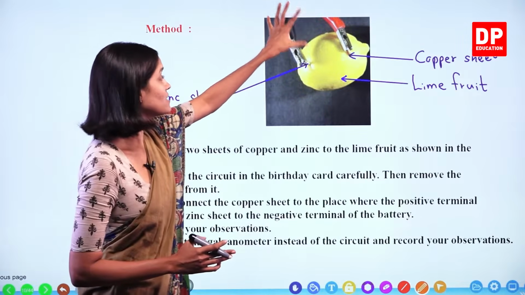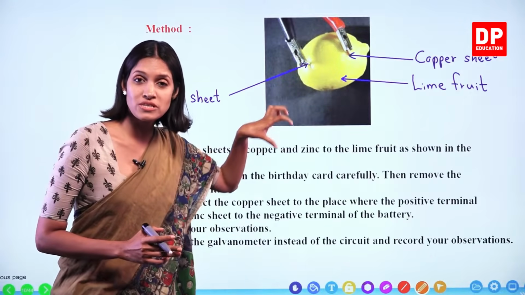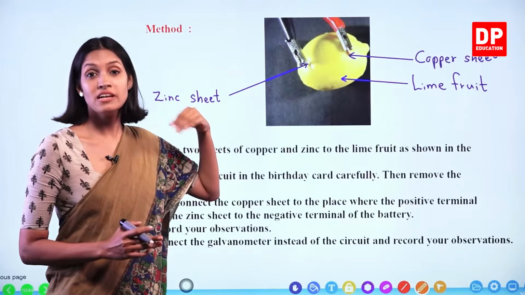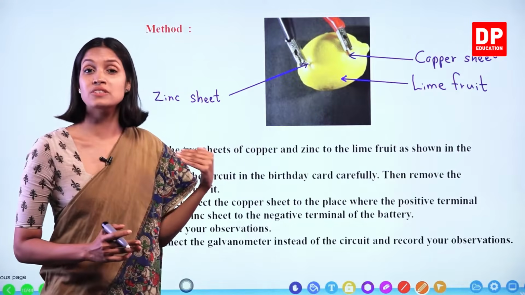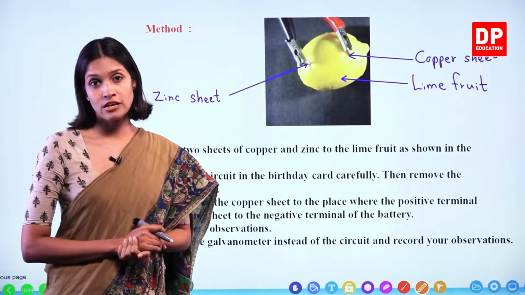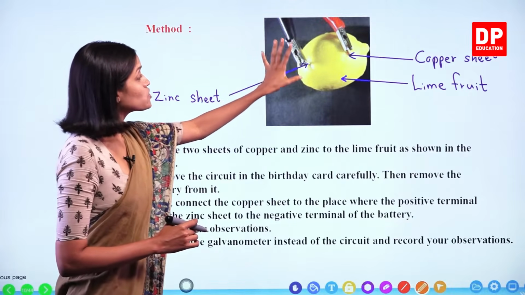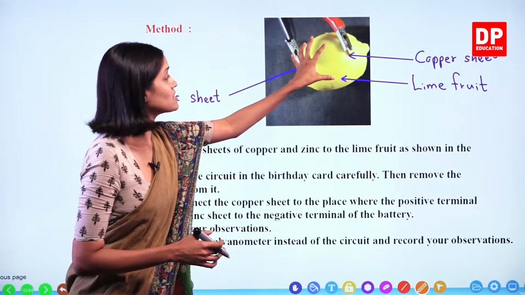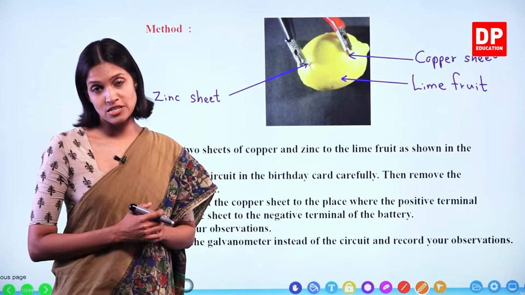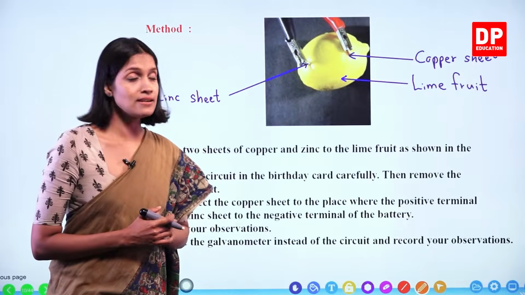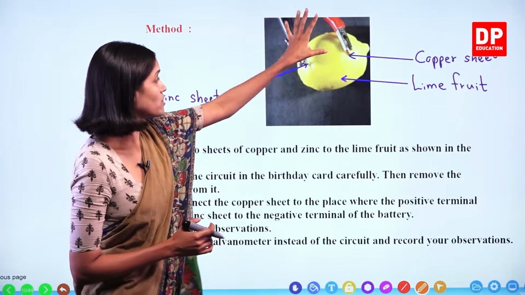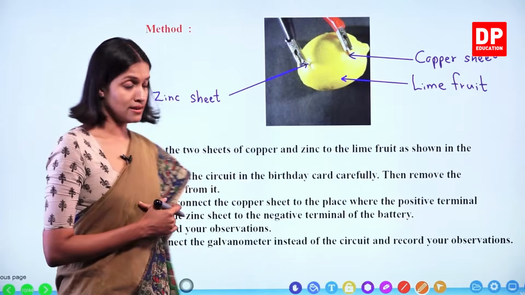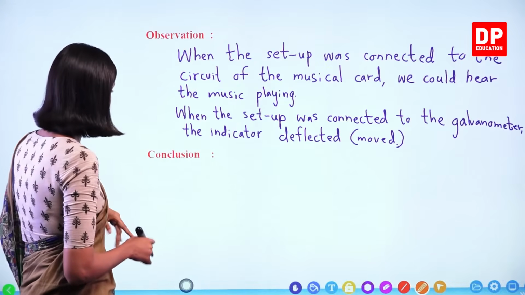Only when we connect this setup to those two instances, the galvanometer and the small circuit, we could hear the music playing and see the indicator moving. So we can come to a conclusion that this small setup generates electricity. The setup with the lime fruit and copper and zinc sheets generates electricity. We'll write that.